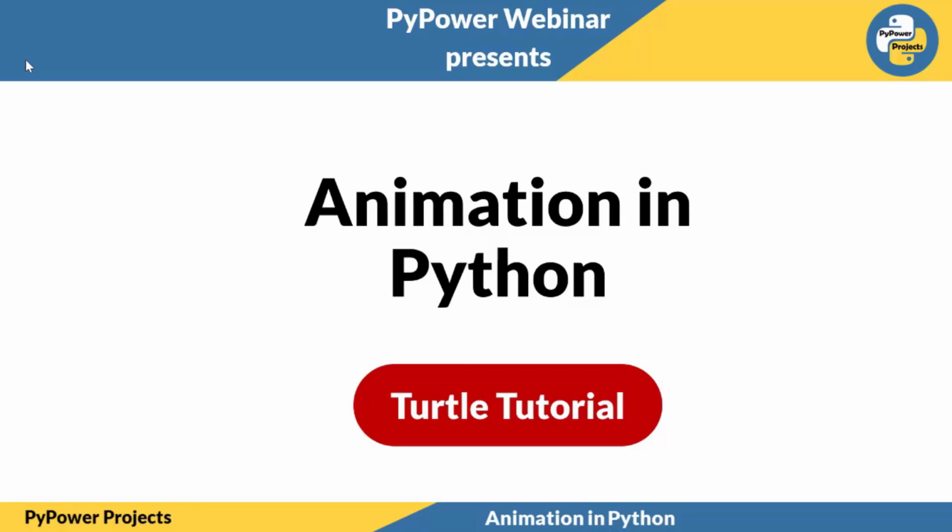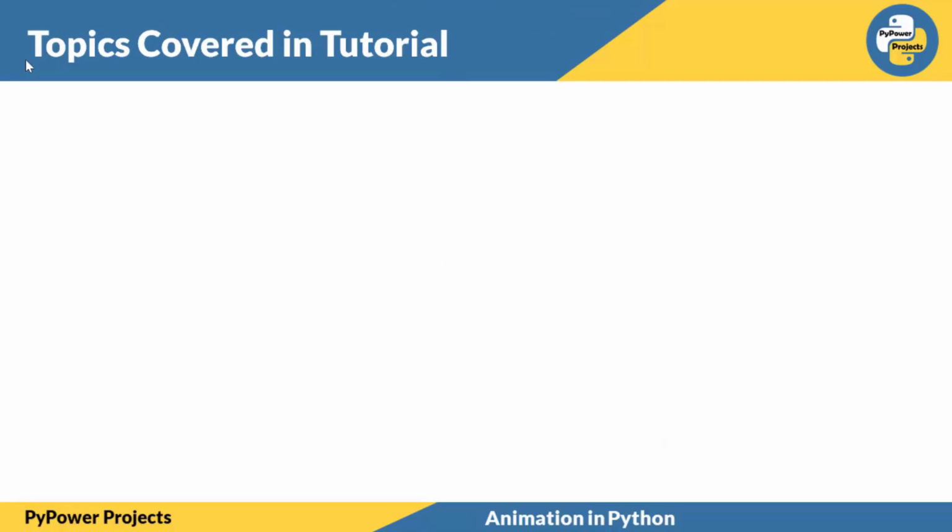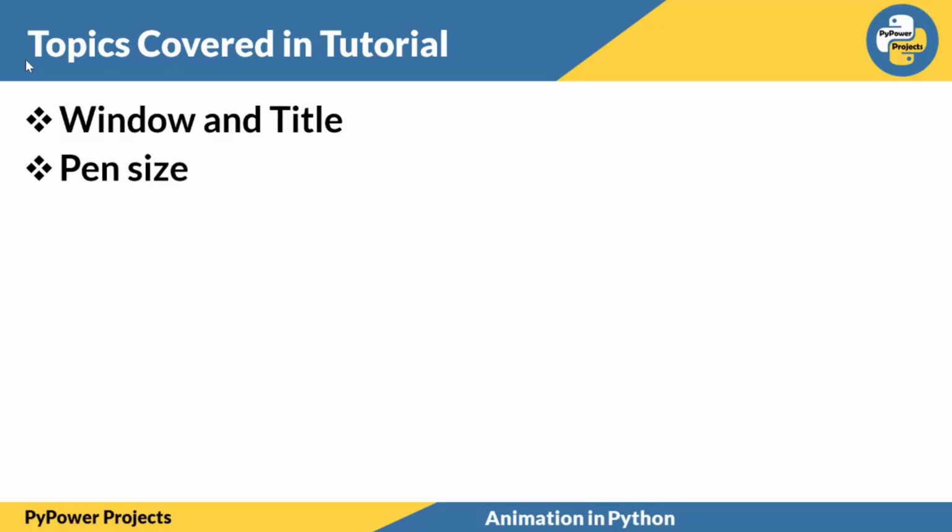Now let's move towards what type of contents will be covered in this webinar. First is window and title. The window presented in Turtle and the title of that window will be shown. Second is pen size. So what will be the thickness of our pointer, that matters a lot in animation.